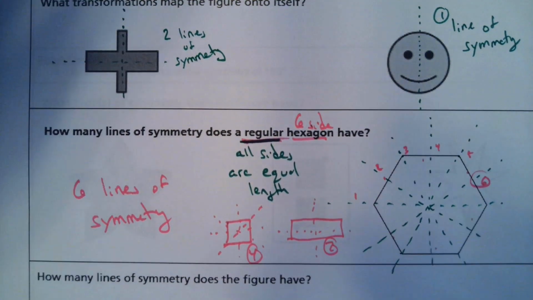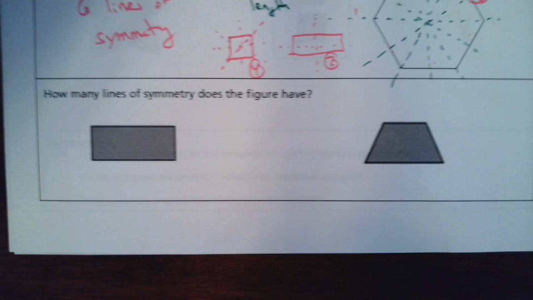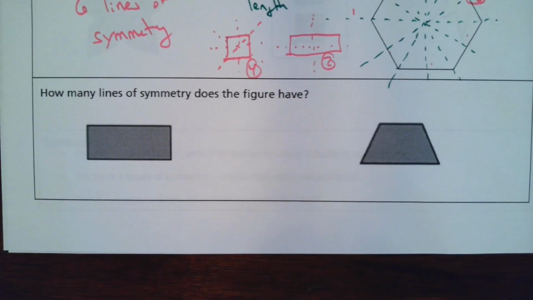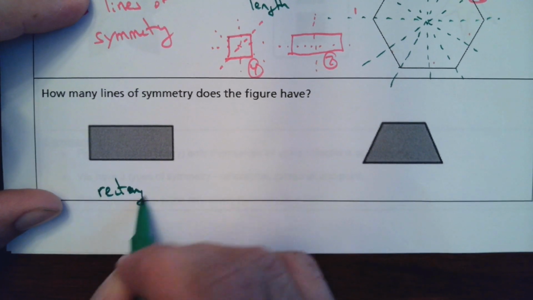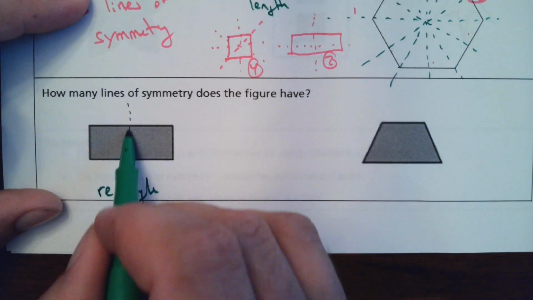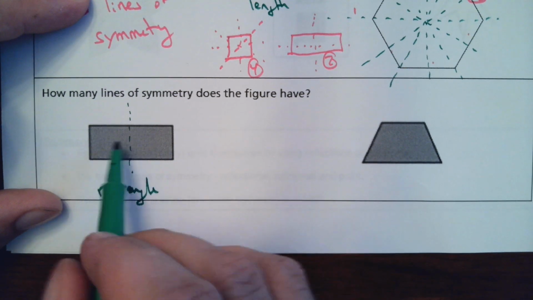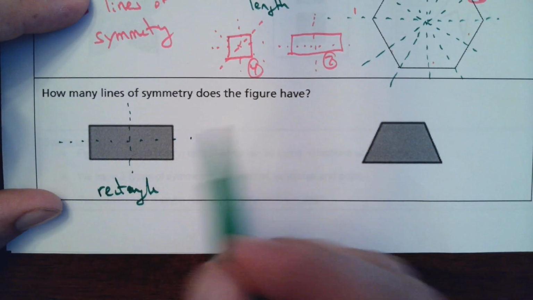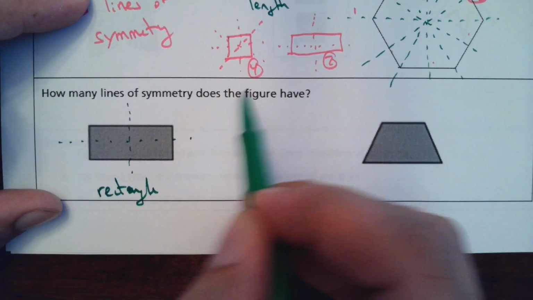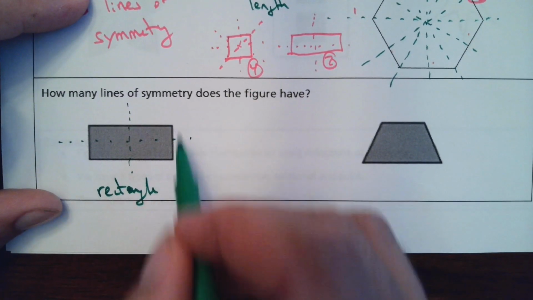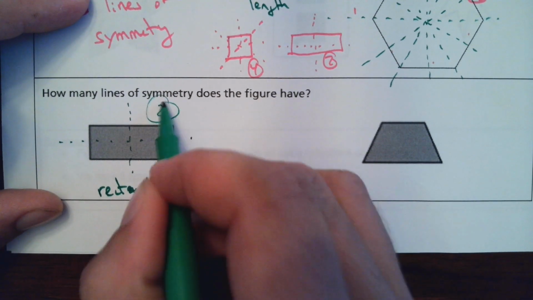All right. So I kind of gave it away here. How many lines of symmetry do these have? So here you've got a rectangle. So we know we can split down the middle. And we know we can split down the middle. But we cannot fold corner to corner. So we can't slice this way. So this one only has 2.